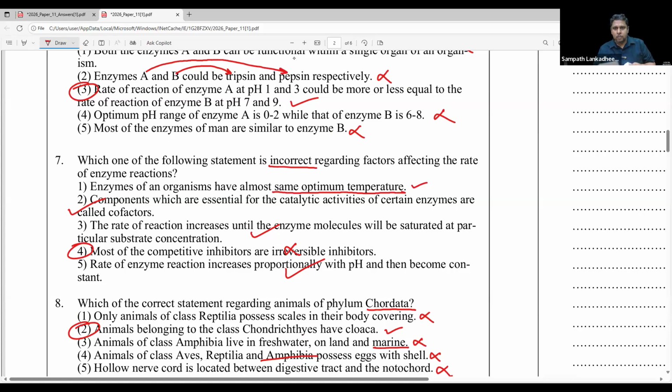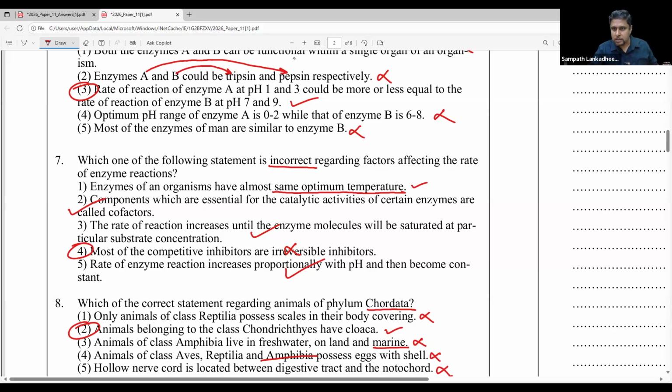What does it say? Most of the competitive inhibitors are irreversible. Most of these are reversible inhibitors.